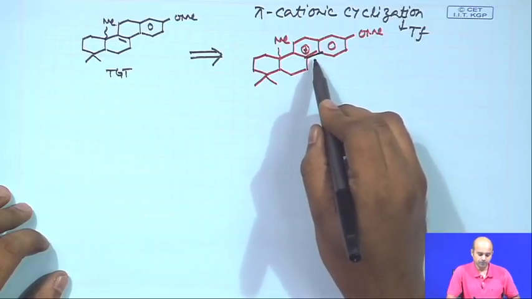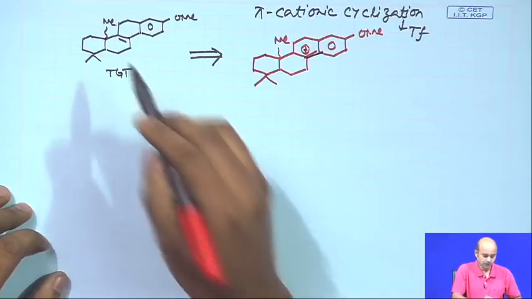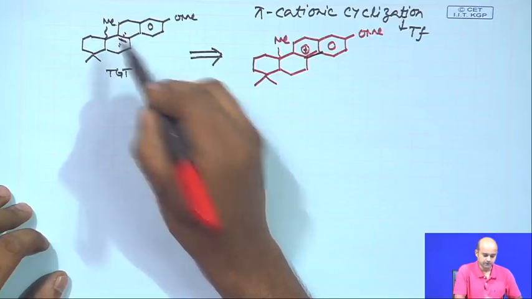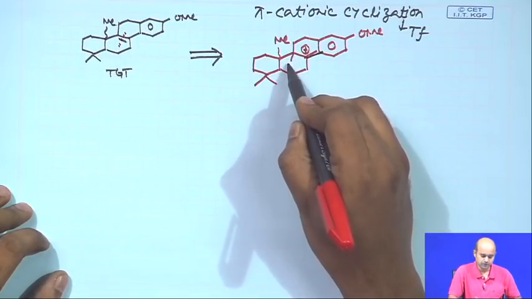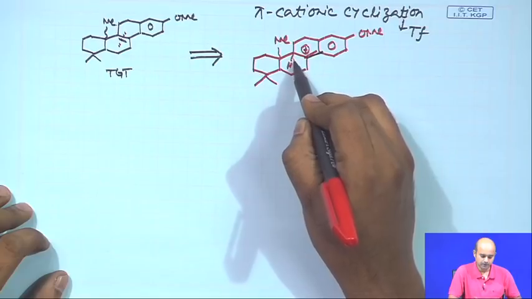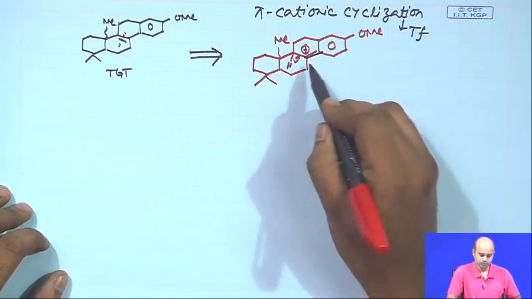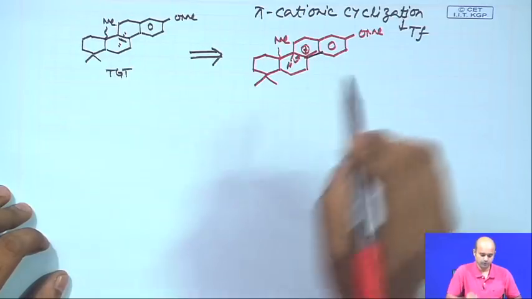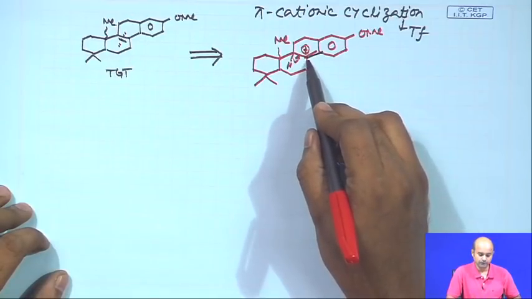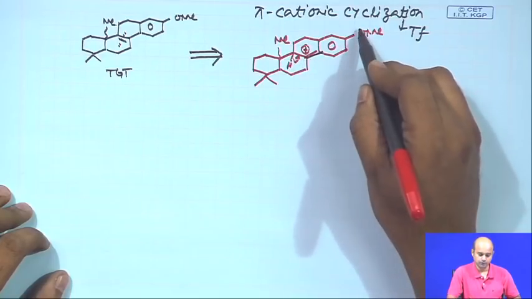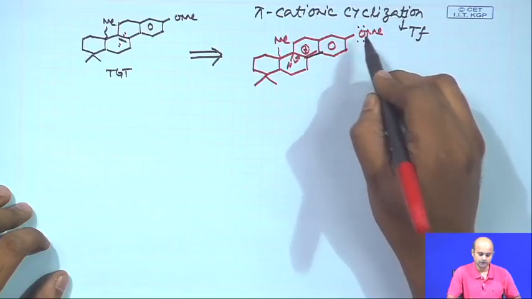So, in the first retro we are making this double bond. This hydrogen will eliminate to give this molecule, and the driving force is that the para-methoxybenzyl cation is stabilized by the electron releasing para-methoxy group.